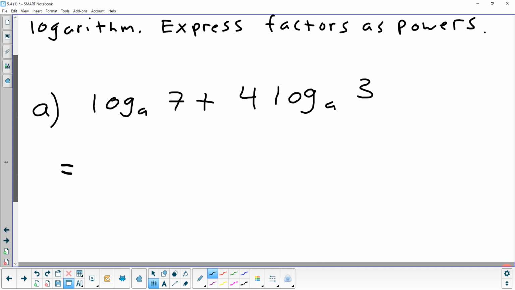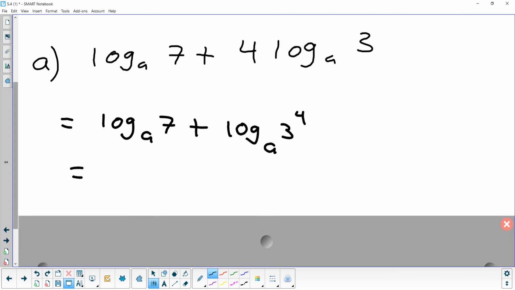What would be the first thing that you would do to put this back together? 4 log A. So it would be log base A of 3 to the 4th. So the first thing that you do is put the 4 back as an exponent.